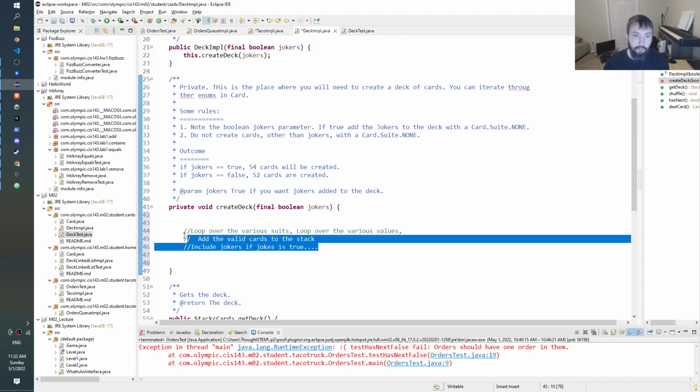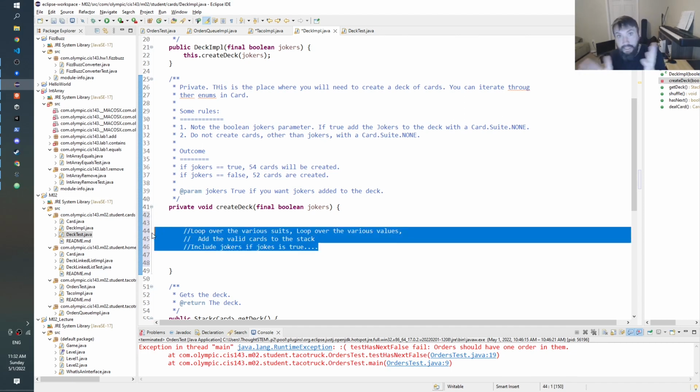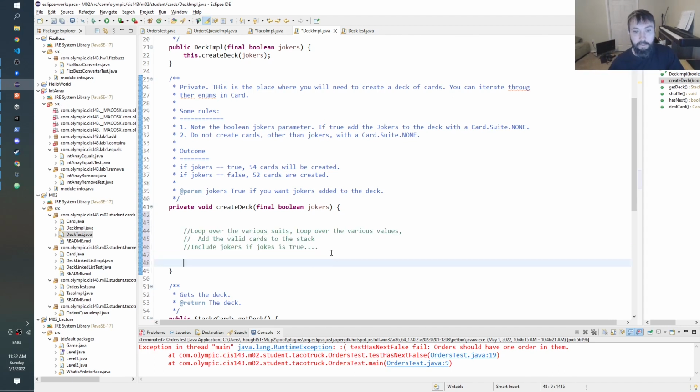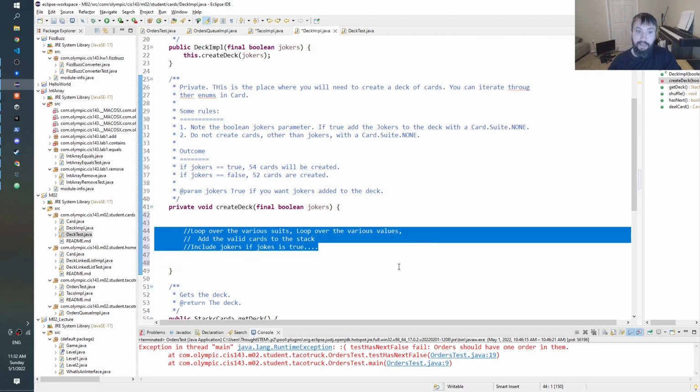So that's the algorithm that many of you implemented, all in slightly different ways. I was impressed with the variety of different ways that people essentially translated this idea in English into a Java algorithm.